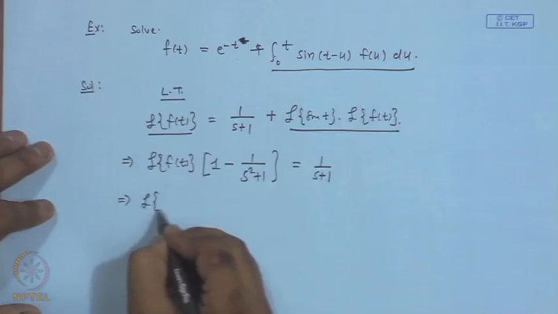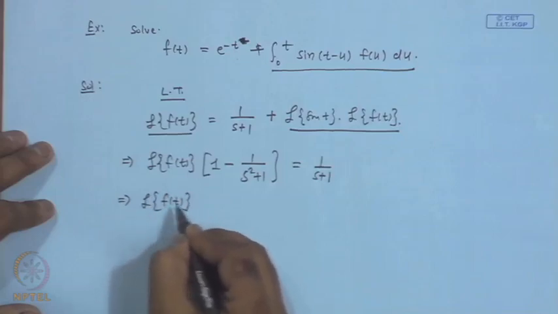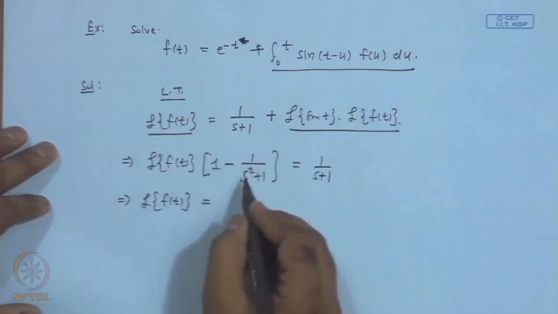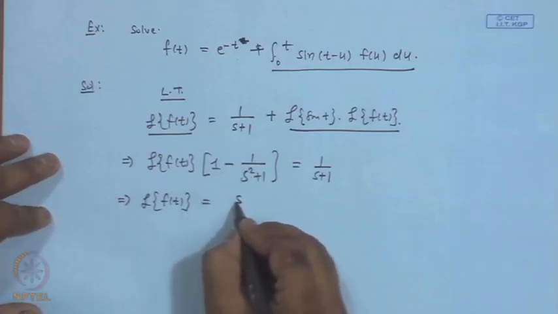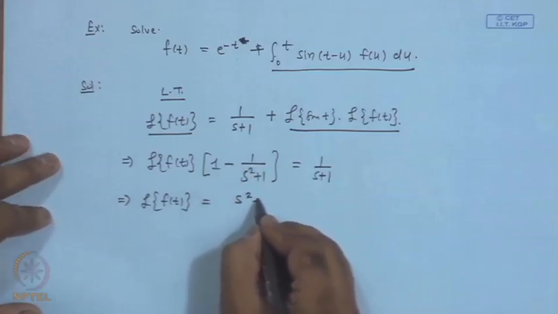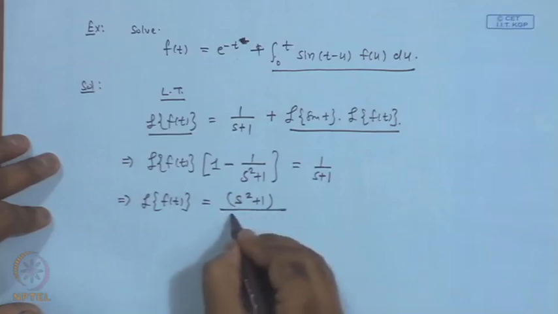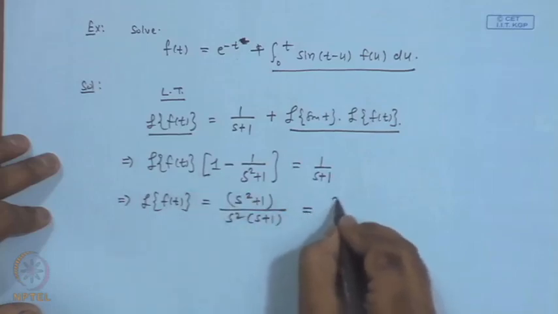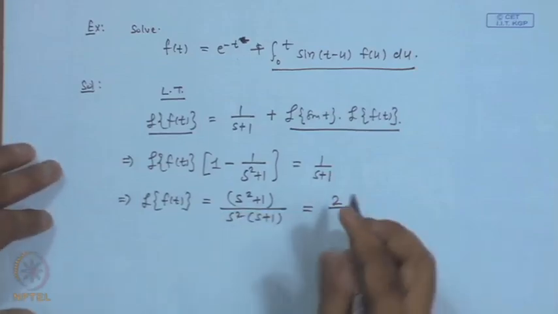So, we get the Laplace of f(t) equal to s square plus 1 minus 1, so we have s square. The right hand side is s square plus 1 over s square into s plus 1. Again the partial fraction, this step I skip.